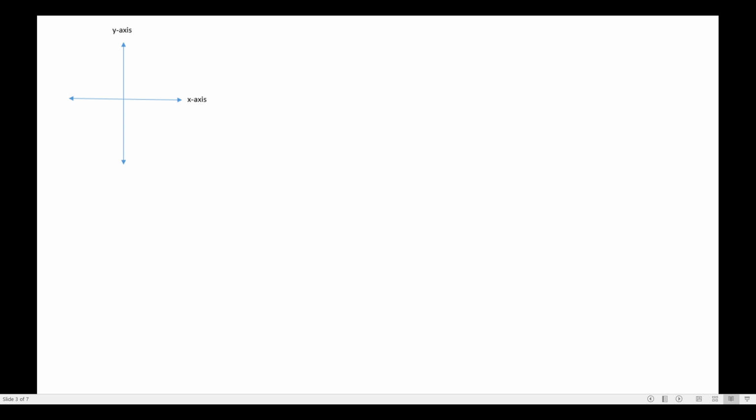That means all circles with any value of r, or any radius. What will be the difference this time? So let's say we have this rectangular coordinate system and we have this origin, of course. Then let's have this terminal side.